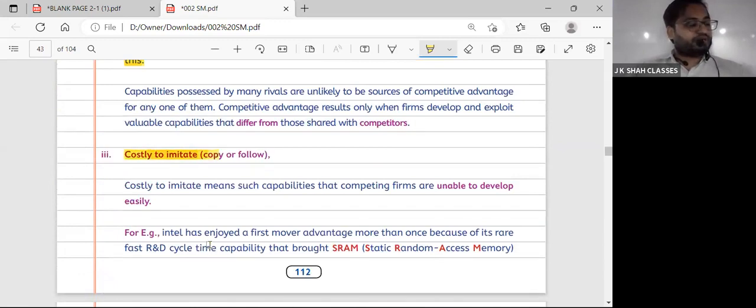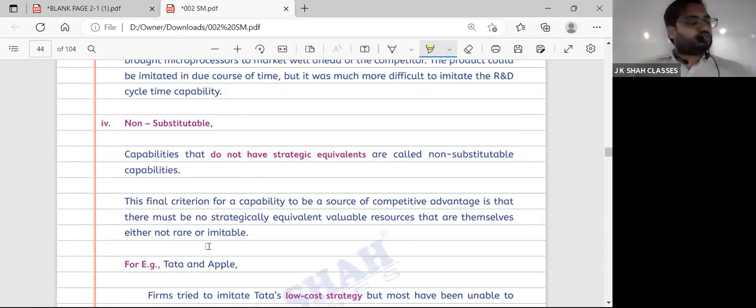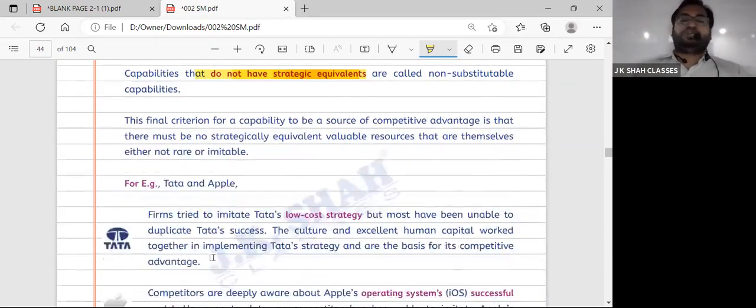Costly to imitate. They should not be able to develop this easily. They should require a lot of time, effort, money to make this product. Non-substitutable, they should not have any strategic equivalence. You all understood this?